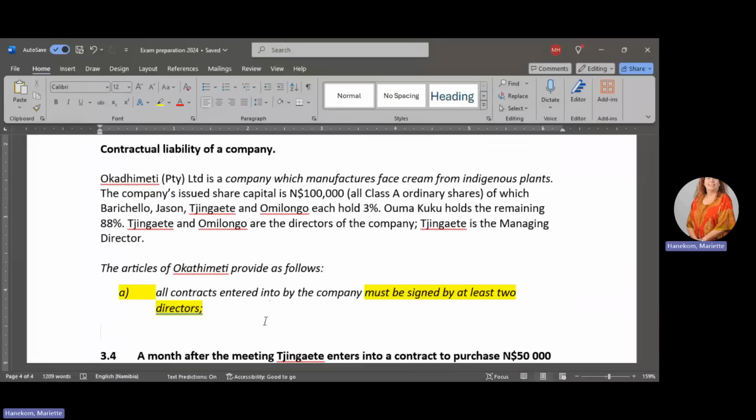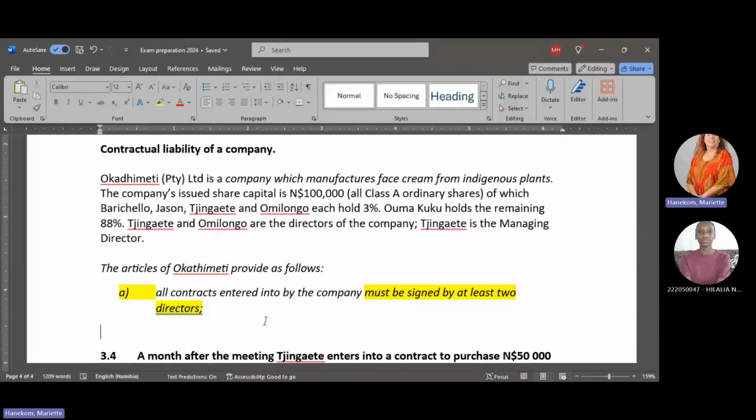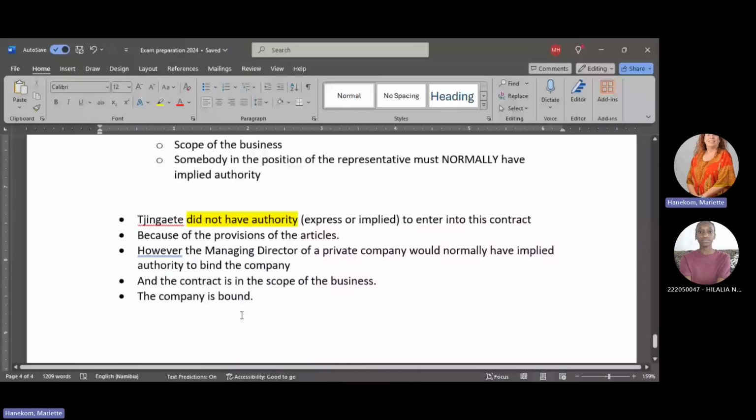We did this when we did partnerships, people. So I don't understand why you don't understand it. If his authority was limited and he acted beyond the limits of his authority, he no longer has implied authority. The contract is unauthorized. So we are falling back on that bit.